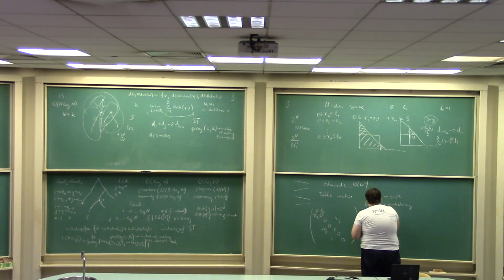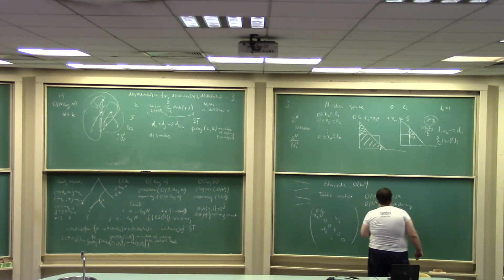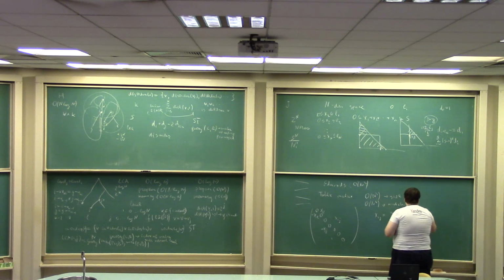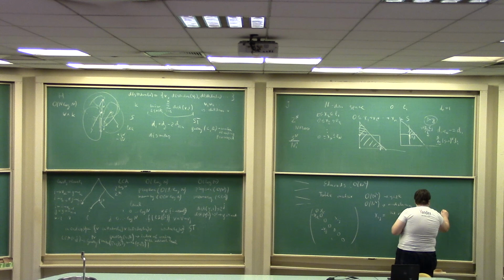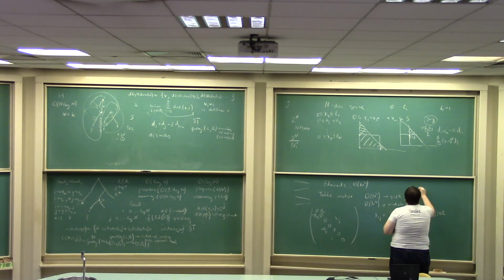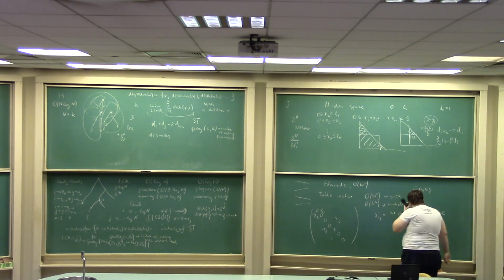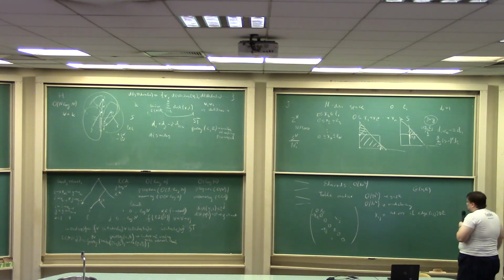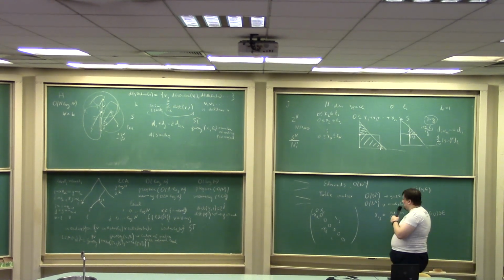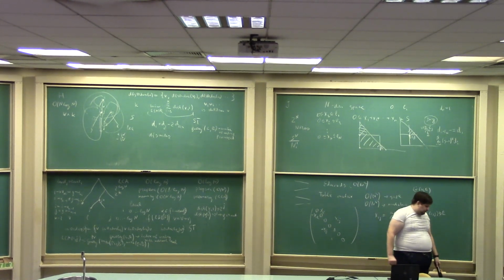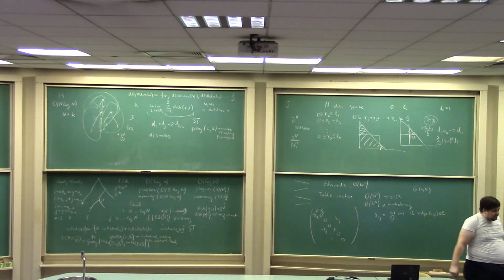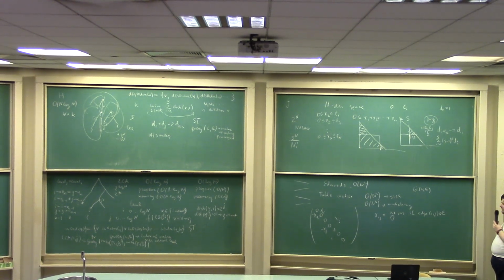So x_ij is equal to some independent variable if there is an edge between i and j, and is 0 otherwise. So this is called a Tutte matrix.